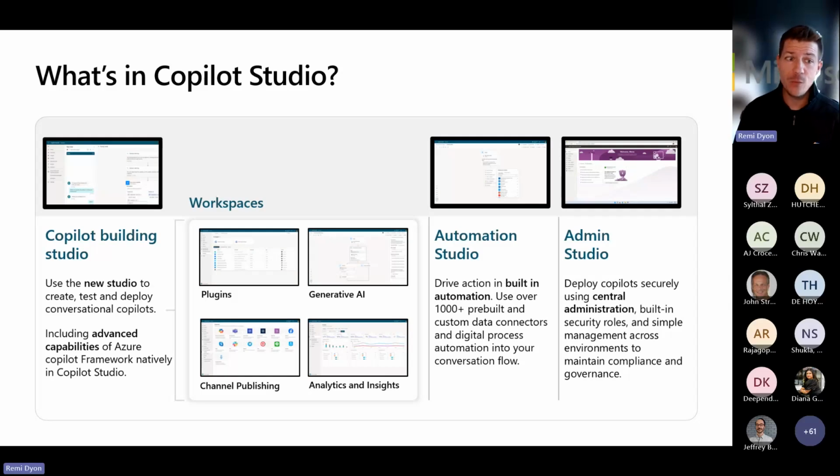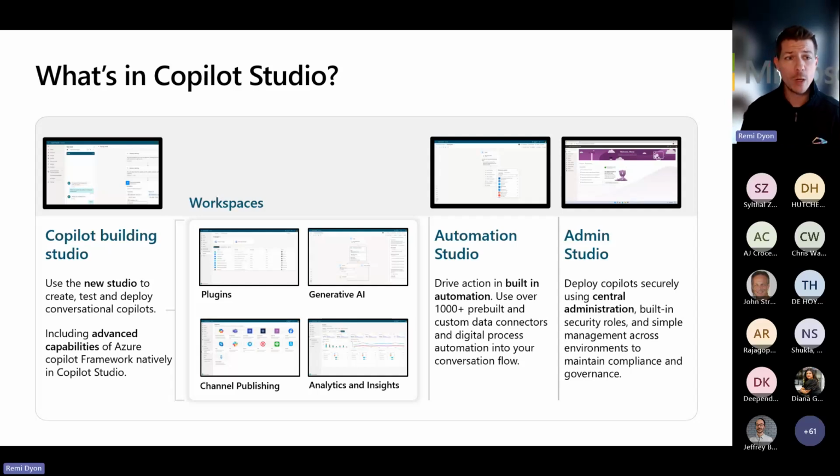So what's in Copilot Studio? If you've seen that slide before, you will notice that there is one major difference now in Copilot Studio. It's the plugin. In the workspace, we used to have generative AI, different channels, analytics, and insights. But now we have a new feature called plugin. That's what we use to extend Copilots around the Microsoft stack. And I'll deep dive around what a plugin is and what a plugin can do a little bit later.